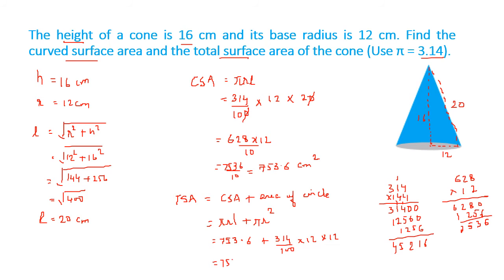So 753.6 plus 452.16 will give us 1205.6 centimeter square. So just using the formula, we can now find the answers very easily.